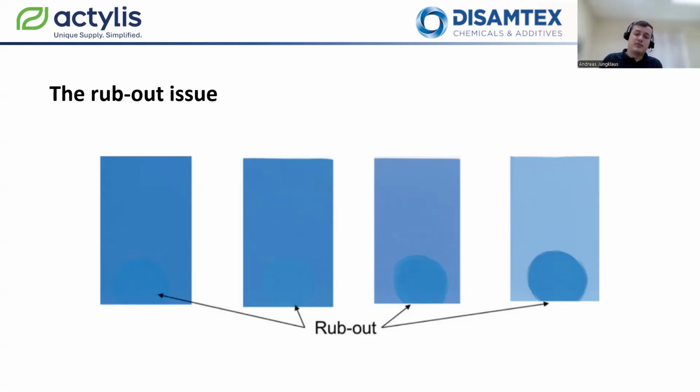So a visible shade change therefore indicates inadequate wetting and dispersion efficiency in the formulation.